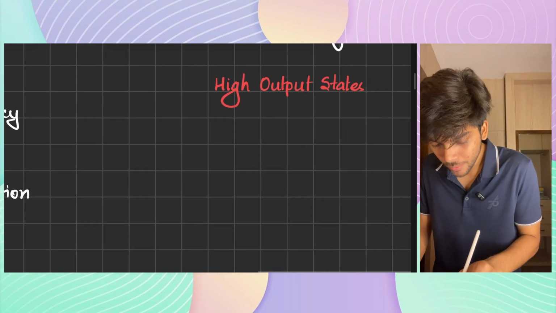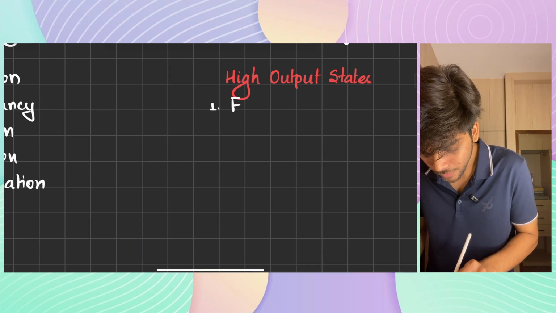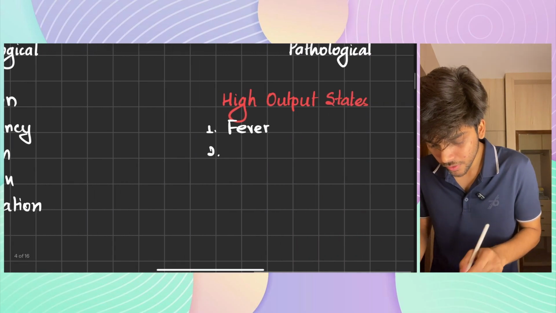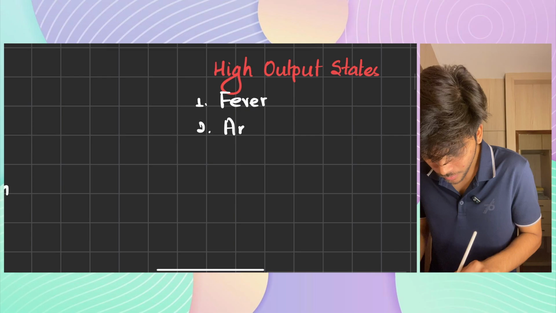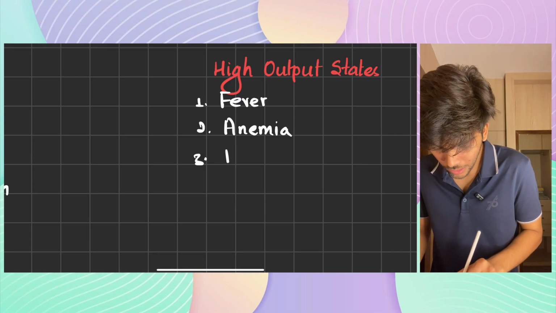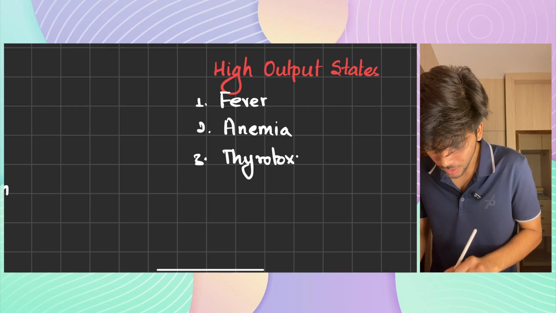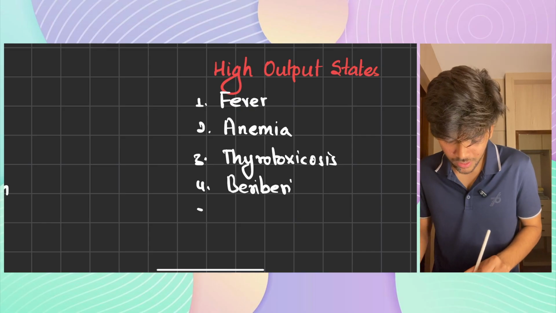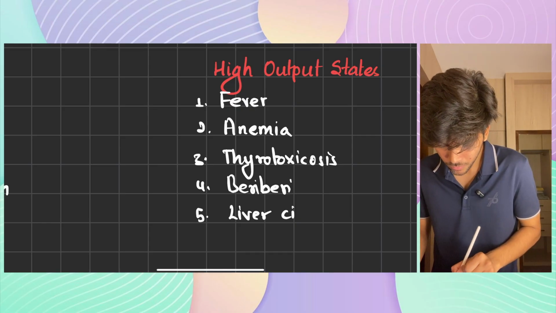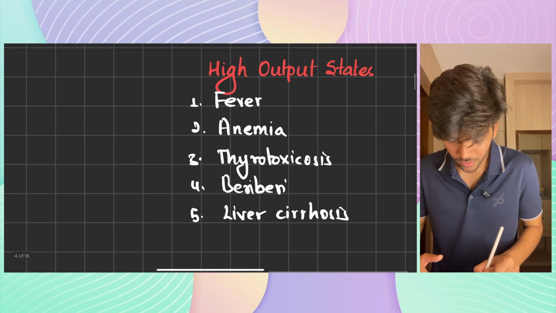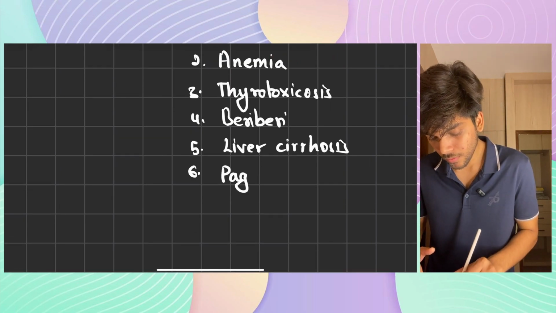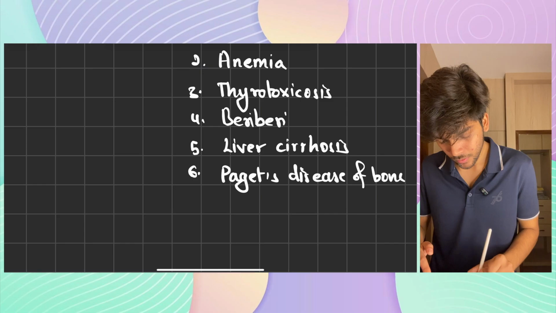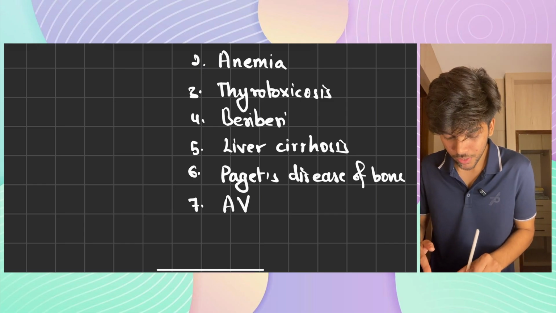So the high output states are: number 1, fever; number 2, pregnancy as mentioned here; number 3, anemia; number 4, thyrotoxicosis; number 5, beriberi; number 6, liver cirrhosis; number 7, Paget's disease of bone; and number 8, arteriovenous fistula.